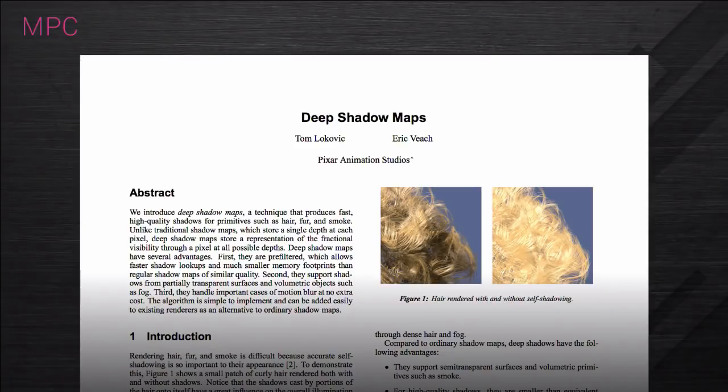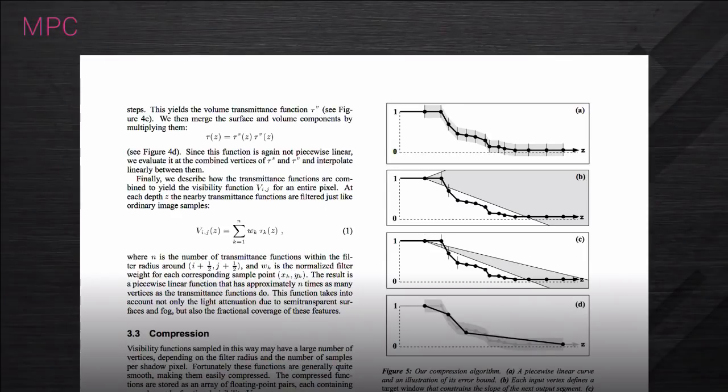So this problem is not entirely new. If we go back to the Deep Shadow Maps paper, they also realized that maybe there's more data coming out of the renderer than you technically need. And they propose a whole section on how to do compression, how to effectively throw away samples. So we drew some inspiration from this.